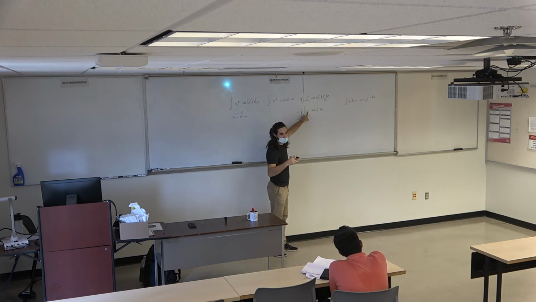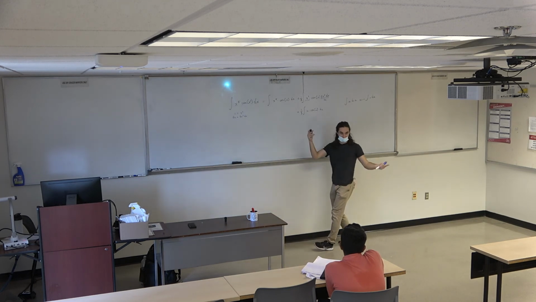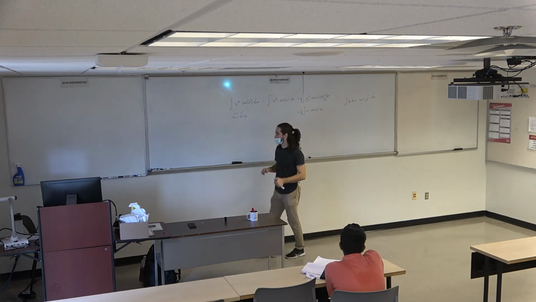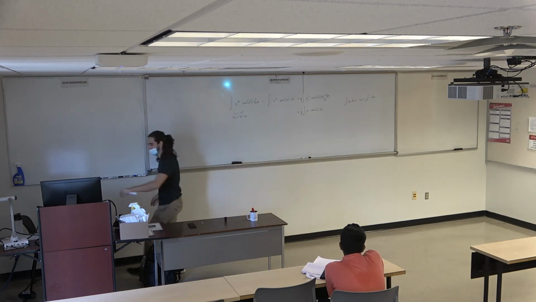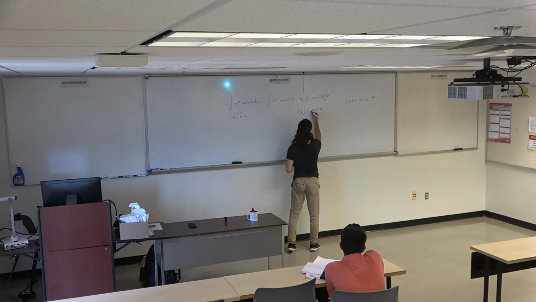But this one, it's better to take the derivative and turn this into 1 instead of taking the antiderivative and turning this into u squared. So letting this be u, and then the other stuff be the dv, is totally the move. That would be u, and this would be our dv.